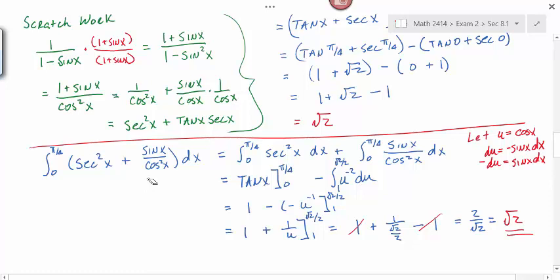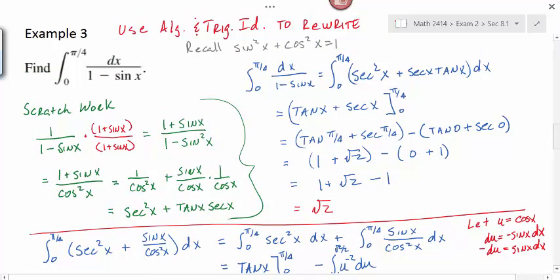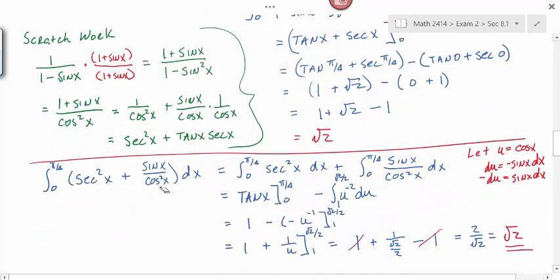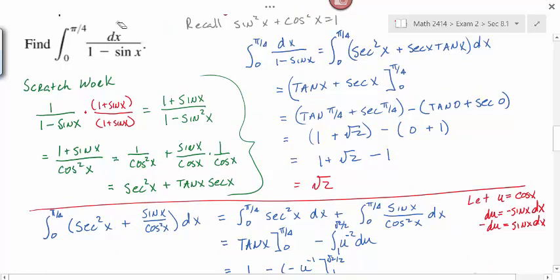The thing is, when you have these problems, you've got to manipulate the integrand using algebra and trig techniques that don't change the value of the integrand. In both of these methods, I never change the value of the integrand. This is equivalent mathematically to this expression right here, just as this expression right here is mathematically equivalent to this expression right here.